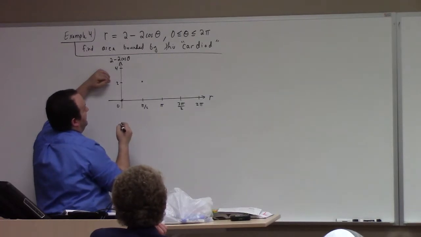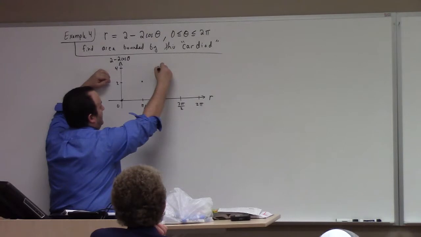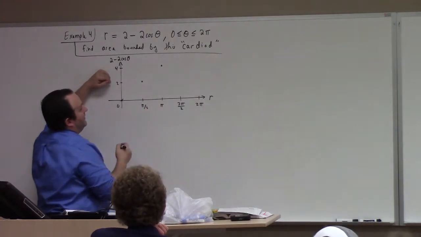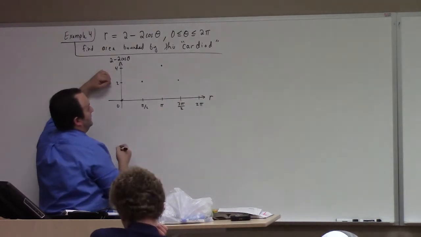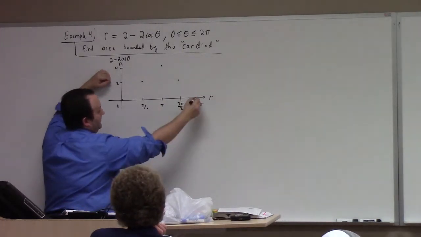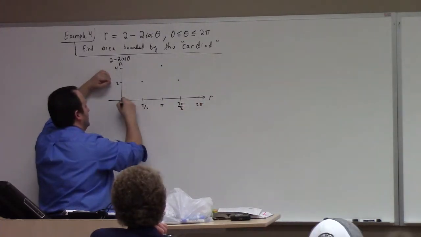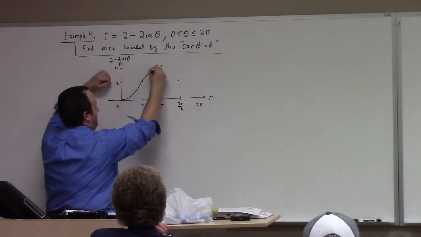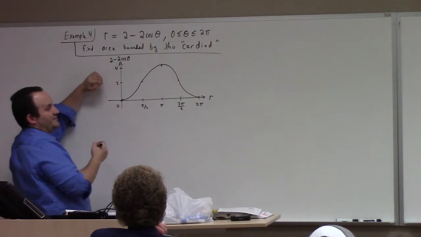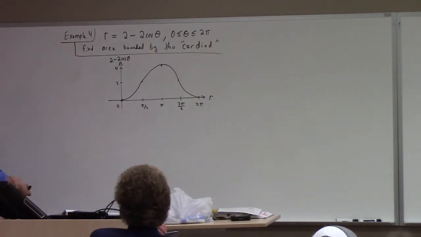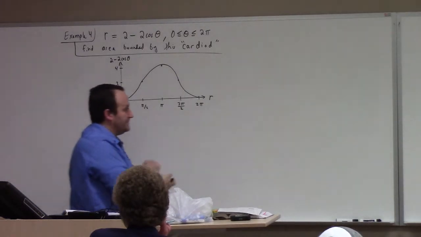And then what happens at pi? We get 4, right? 3 pi over 2, 2. 2 pi, 0. So it looks like we're getting something like that. I'm trying to draw it. All right, so now we can graph this thing.